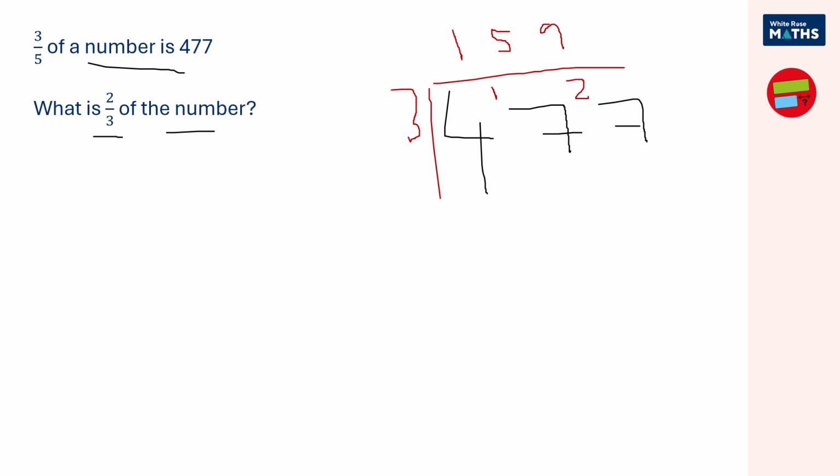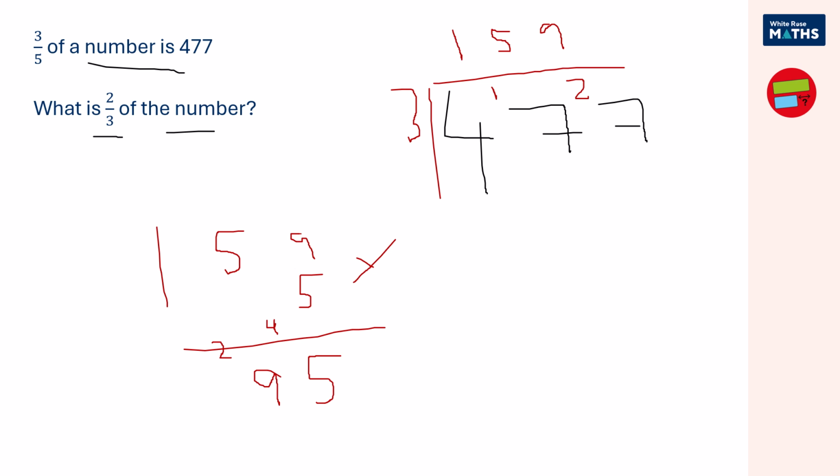Okay, there we go, so that works out to 159, and then times it by 5. 5 by 9 makes 45, so 5 with a 4. 5 by 5 makes 25, plus the 4 makes 29. And then 5 by 1 makes 5, plus the 2 makes 7, so it's 795.